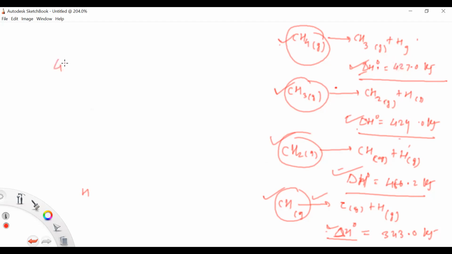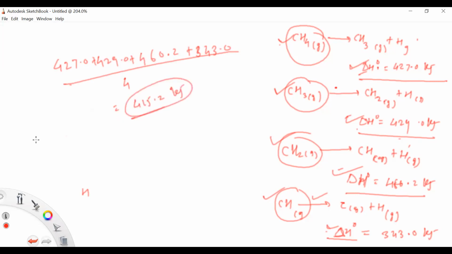म्हणजेच आपल्याला काय करायला पाहिजे, 427.0 प्लस 429.0 प्लस 460.2 प्लस 343.0 याचा ऍव्हरेज घ्यायचा, याला डिवायडेड बाय 4 करायचा आणि आपल्याला जे काय मिळत असेल, that energy is 415.2 kilojoule per mole.